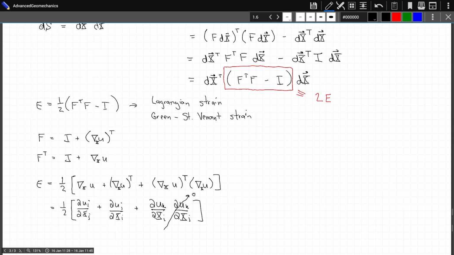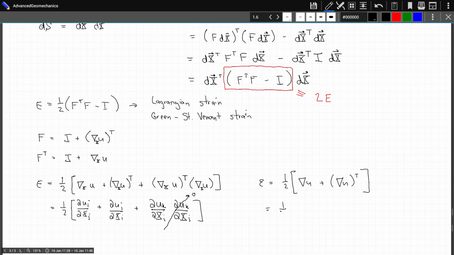And in that case, you have the notion of the linearized strain or the small strain, and that's 1/2 grad U plus grad U transpose.